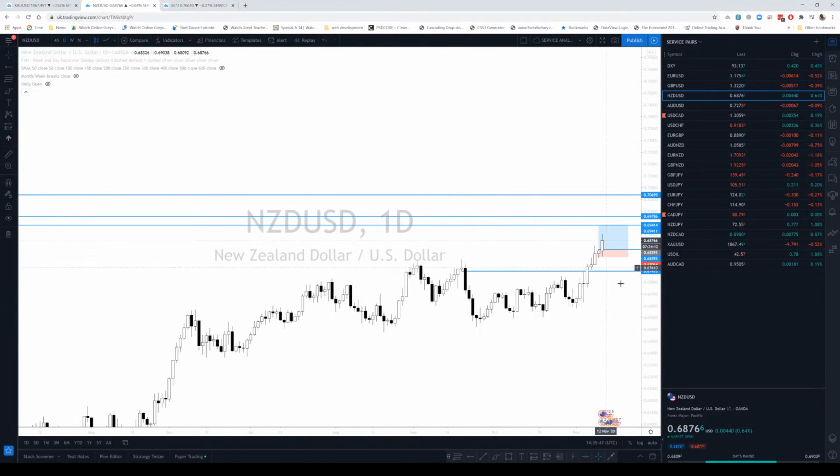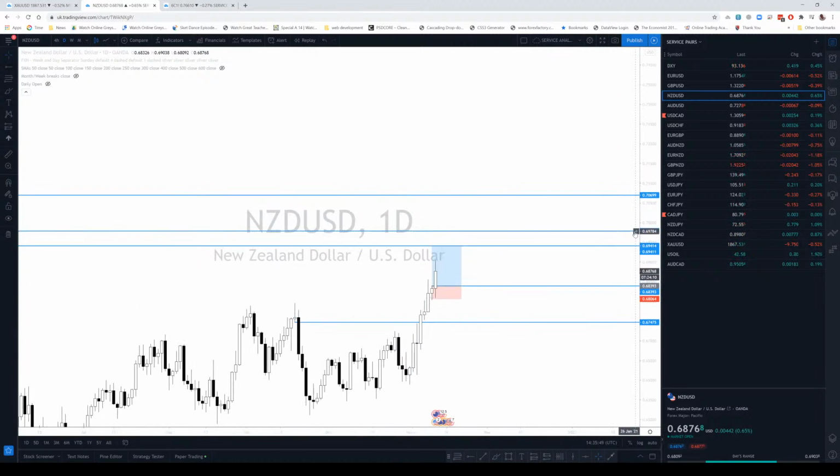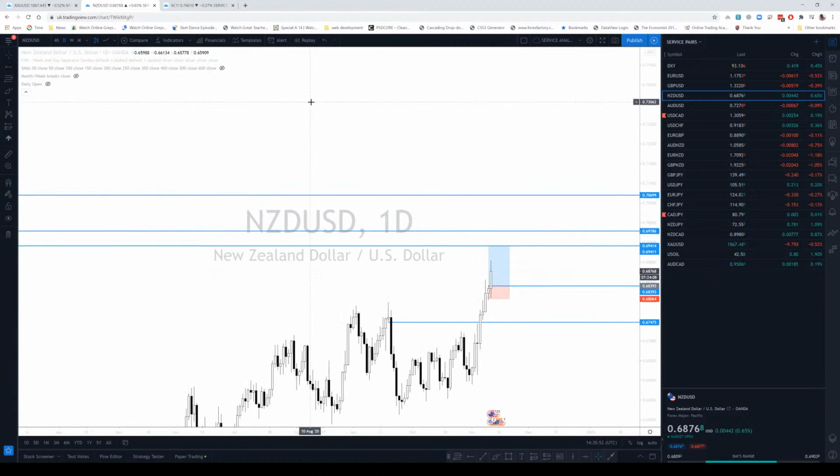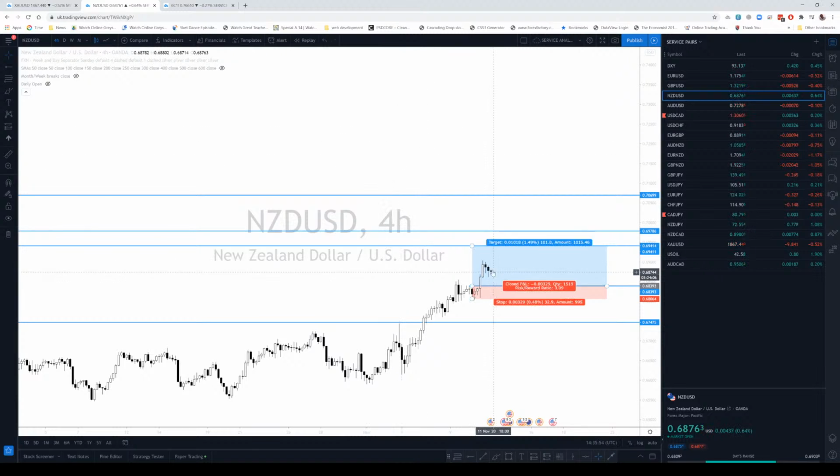So you want to wait for some kind of a pullback, and then you just look for a buy. Any pullback, you're looking for a buy on this one, and that translates to all NZD pairs. Okay, all NZD pairs, you want to be looking for buying the NZD.